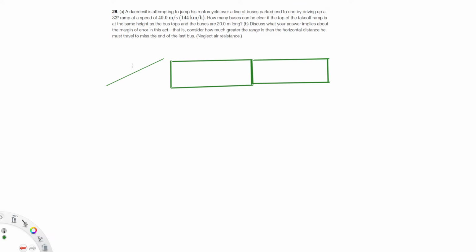And we've got a crazy person on a motorcycle. God, that really looks like a bicycle. Well, I'm going to call it good. Anyway.